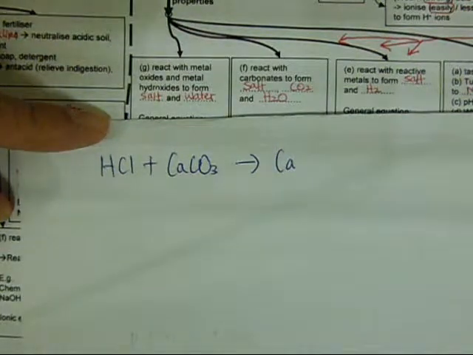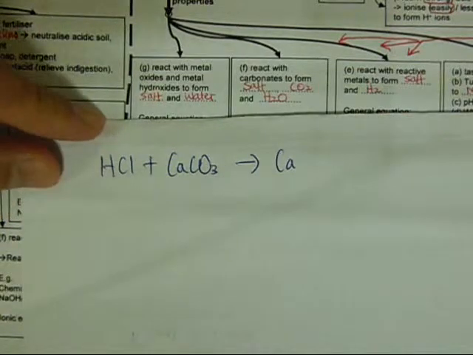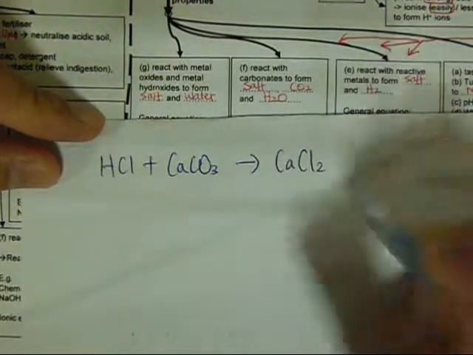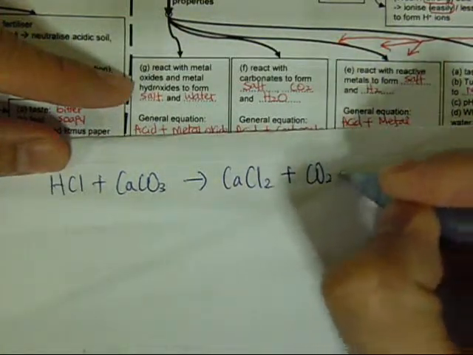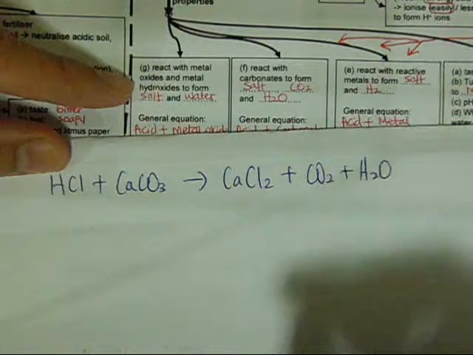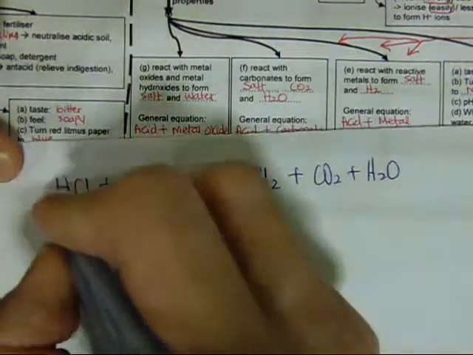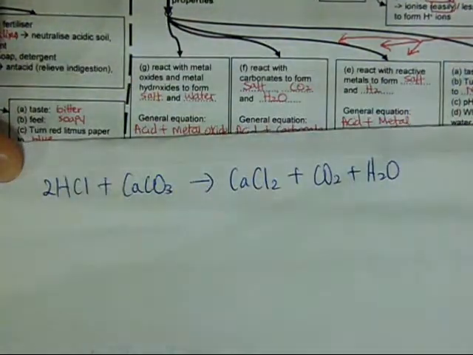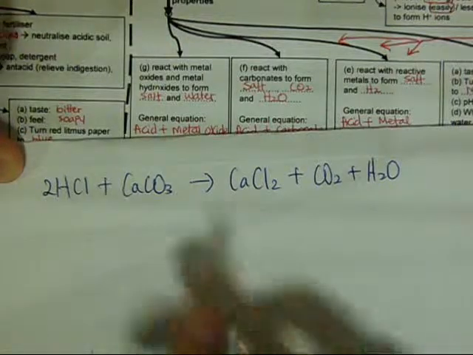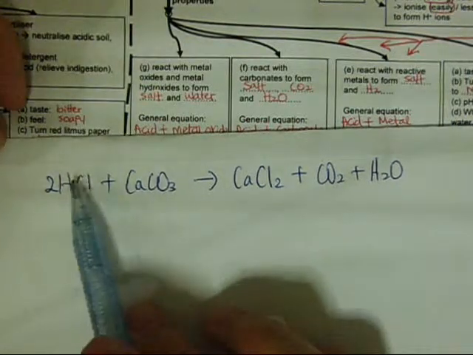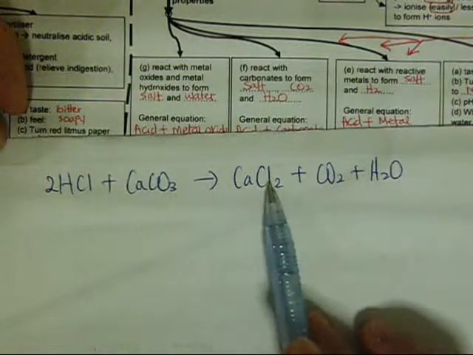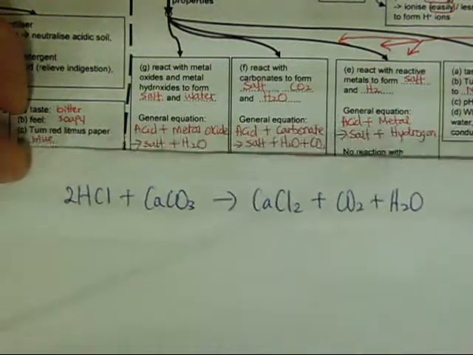The first part of the name of the salt must be a metal or a positive ion, Ca in this case, so CaCl2 plus carbon dioxide plus water, and then you can balance it. This is the balanced chemical equation for acid and carbonate. Acid and carbonate form salt, carbon dioxide and water.